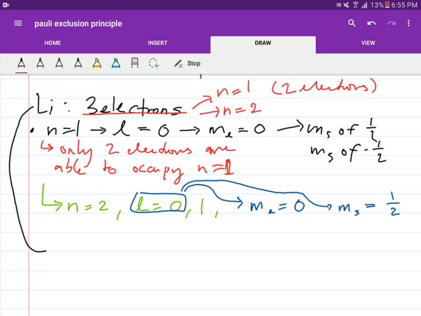So the electron configuration for lithium occupies all states in n equals 1, so 1s2, two electrons in n equals 1, and one electron in n equals 2, so 2s1. This is the electronic configuration for lithium.